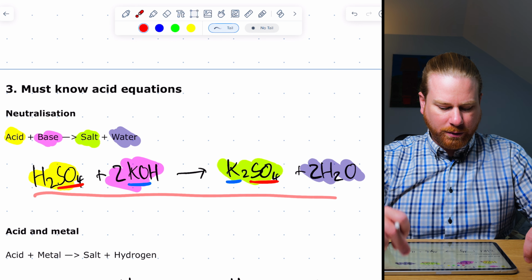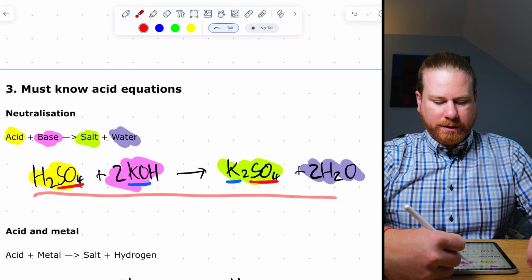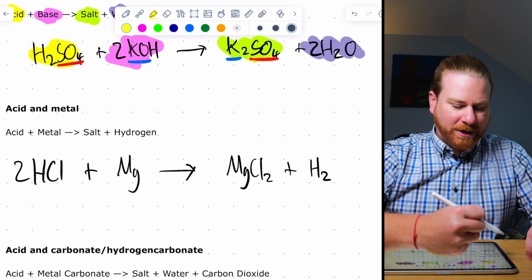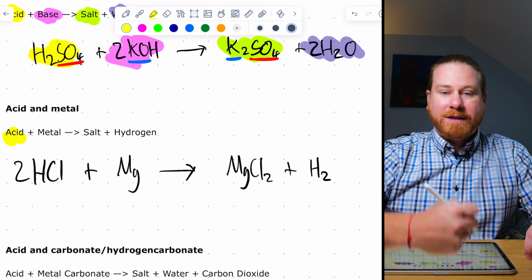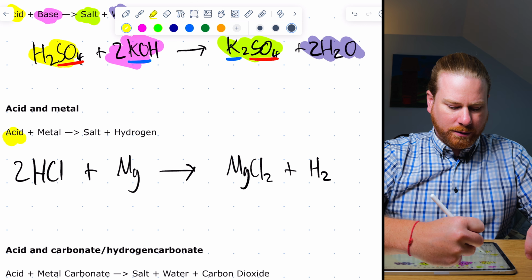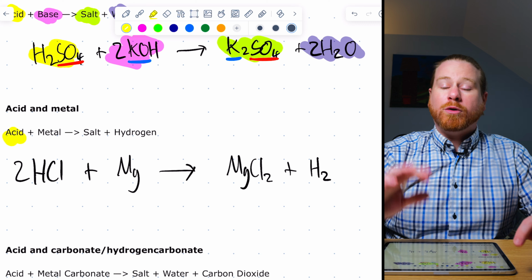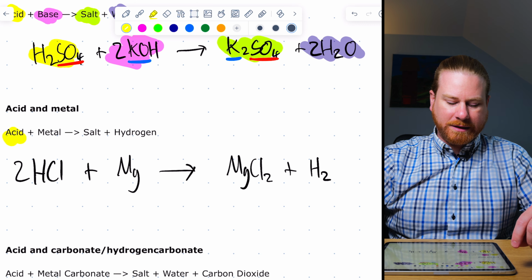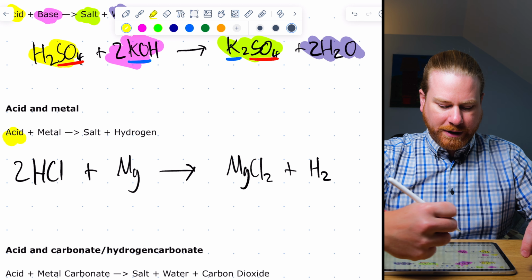Okay, on to the next one. In this next one, we have an acid reacting with a metal. Again, we've got the acid because it can donate a proton, and a metal. Not all metals, though; it has to be a reasonably reactive metal. Some metals don't react with acids, but we've got magnesium, which is pretty reactive.